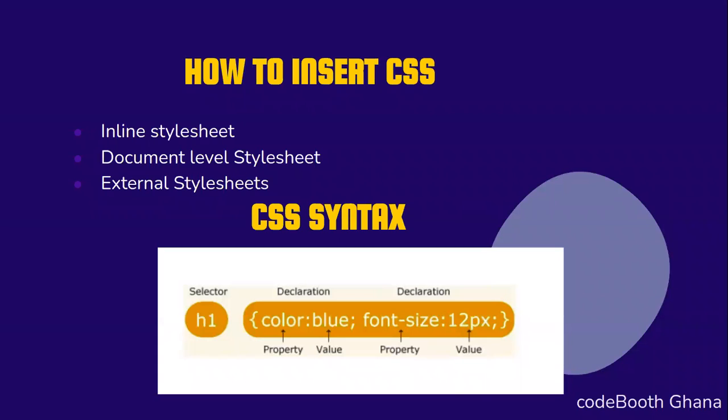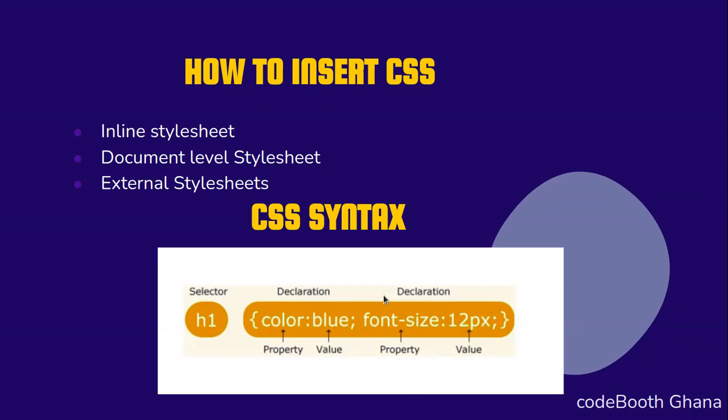So assuming what Gilbert just presented, if Gilbert wanted to add colors to all the H1 tag, the H1 heading tag, how is he going to do that? He will just select the H1 tag, then introduce these curly braces. Then inside the curly braces, he will specify the color that he wants.